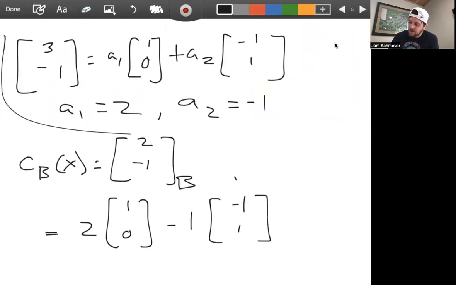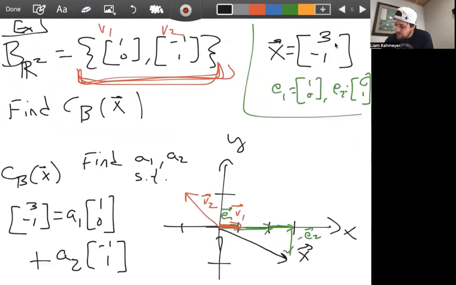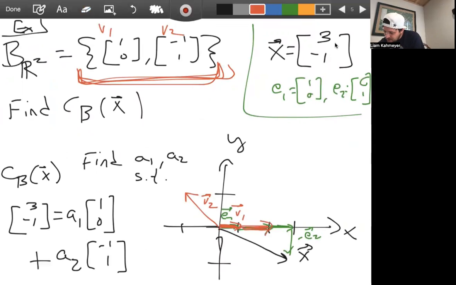That's exactly what finding this coordinate vector meant. So if we take 2 copies of v1 and then -1 copy of v2, you can see we get the vector X there, right? You can still see that if you take 2 copies of v1 plus -1 v2, you still get the vector X.